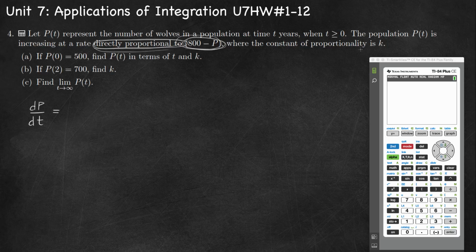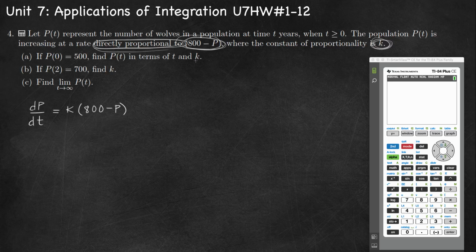It tells us the constant of proportionality is called k. So it's k times 800 minus p.